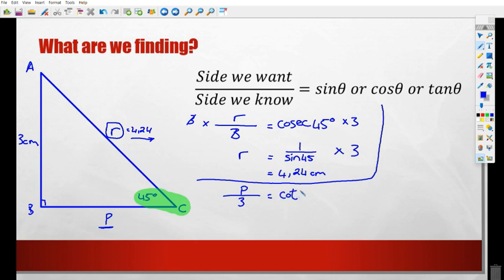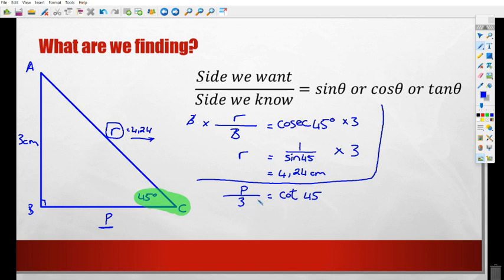Cot. Good. Cot of what? 45. Alright, so if you don't know your ratios, and I know some of you don't and you don't know how I'm getting to cot, please go and watch my first video on trigonometry and go and learn those ratios, please, guys.